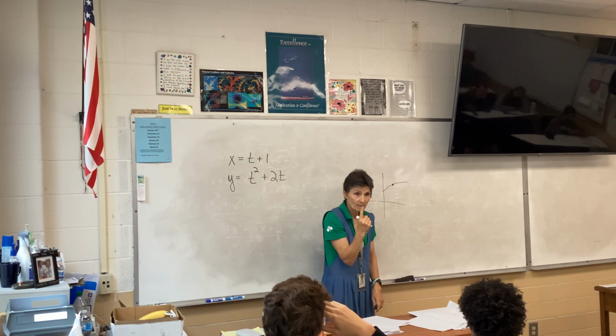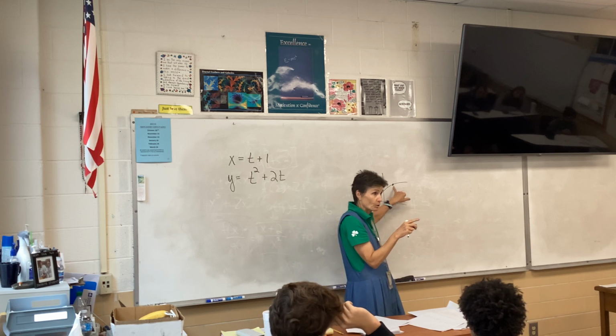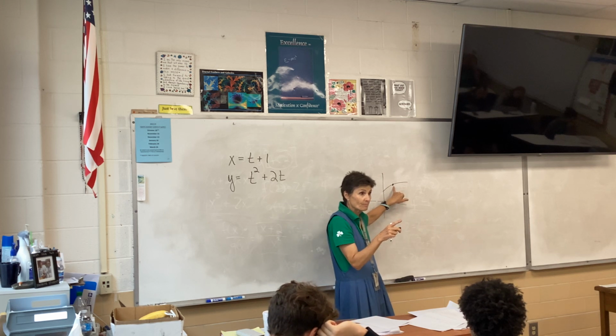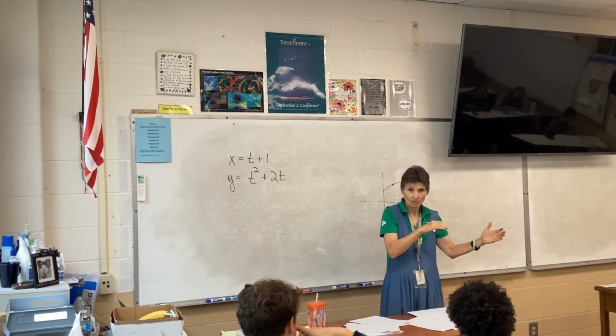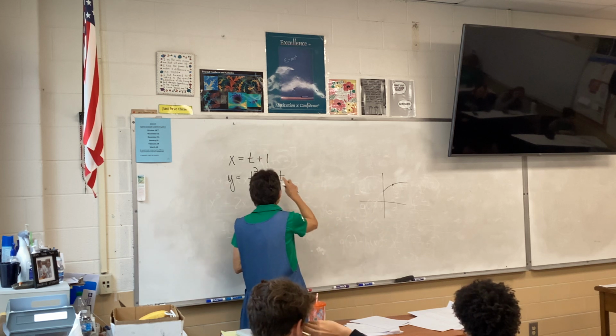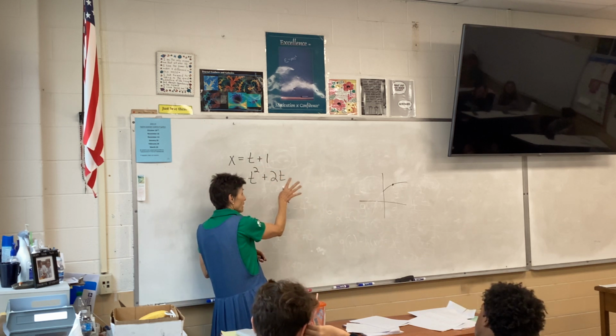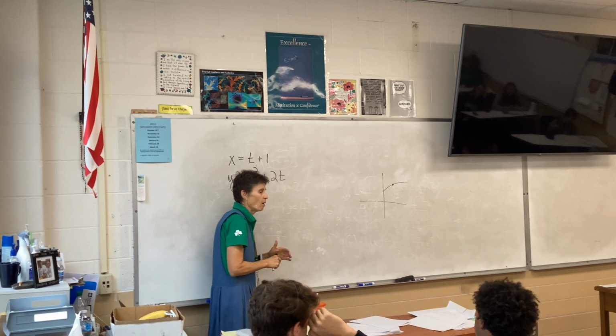Then this would be the x coordinate and the y coordinate at time 1. And then at time 2, there would be a different x and y. And at time 3, and so on. So very often, that third variable, the parameter, is time. It doesn't have to be, but it often is.